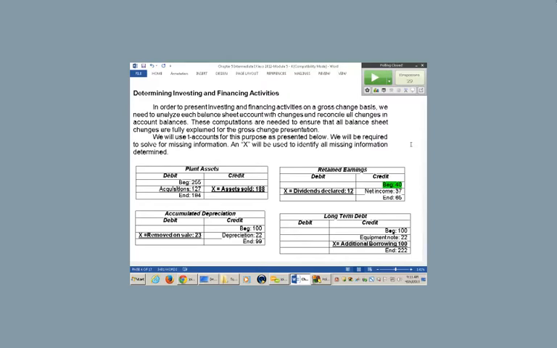Now, in order to prove that, if you go to the depreciation account, you look at the beginning balance, it's 100. The ending balance is 99. That means that it would appear you have negative depreciation. Something's happening. Obviously, you had depreciation of 22, so the ending balance would have been 122 here. But what happened? You sold an asset. You must have removed 23 on the sale.